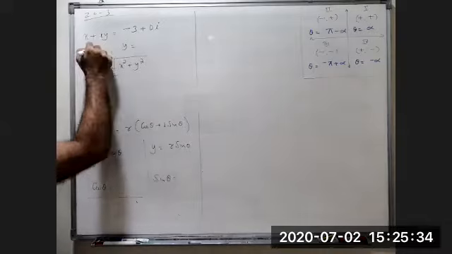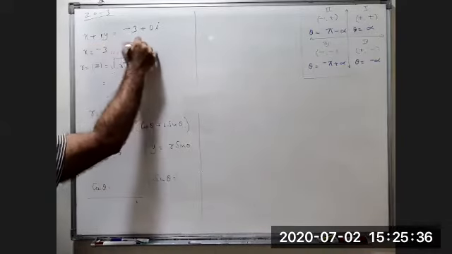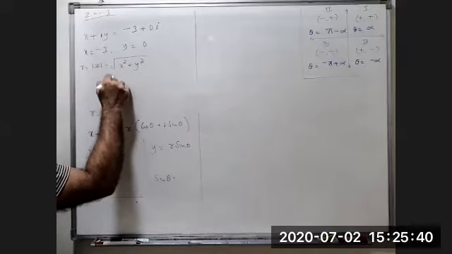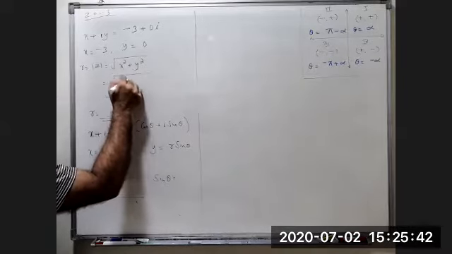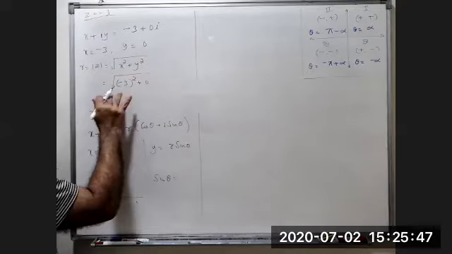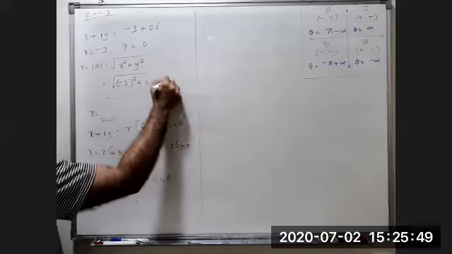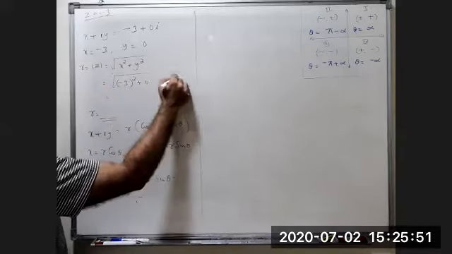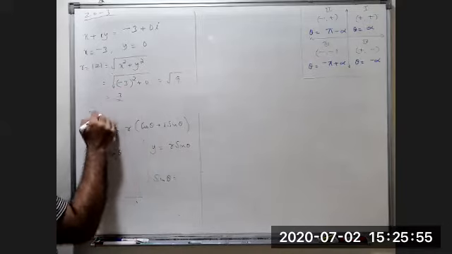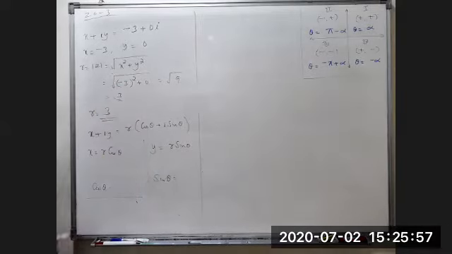So x is minus 3, y is 0. Modulus will be root of minus 3 square plus 0. Minus 3 square is 9 and root 9 is 3. So r is equal to 3.